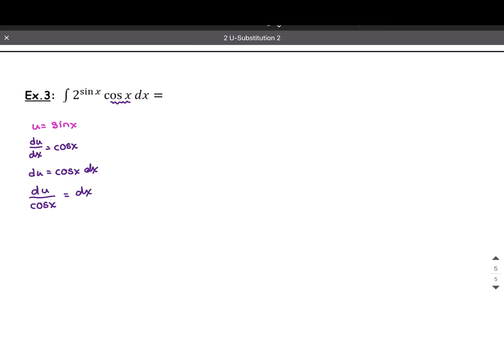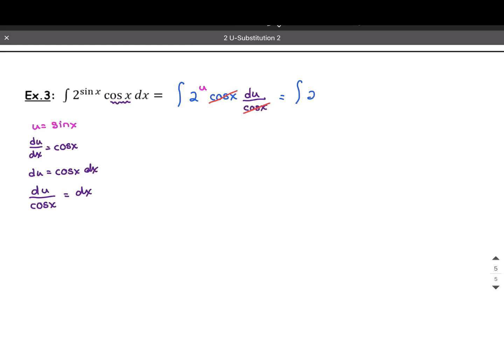So now we're going to substitute. We have the integral of 2 raised to, instead of the sine x, we're going to put a u. And we still have times cosine x times dx, which is du over cosine x. And what happens here? This cosine x and this cosine x cancel out.